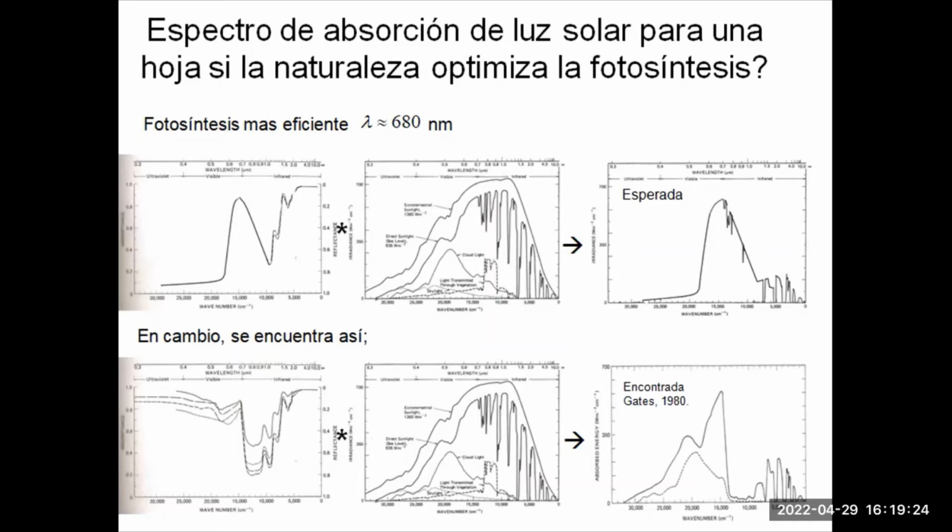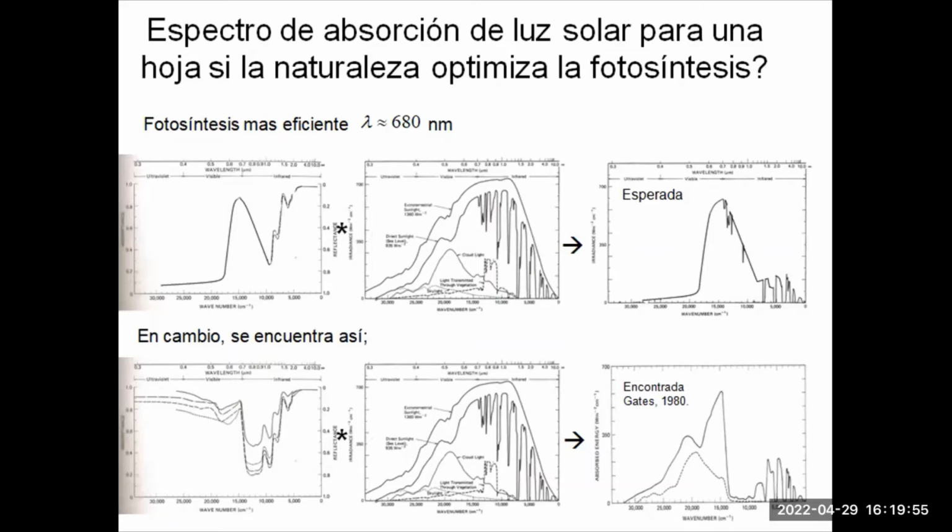So then one would expect, if nature was optimizing photosynthesis, that we would have maximum absorption at about 680 nanometers, because that is where photosynthesis is optimized. If you do experiments in the laboratory with a light source whose wavelength or frequency can be changed, then we find that we have maximum photosynthetic efficiency at about 680 nanometers.